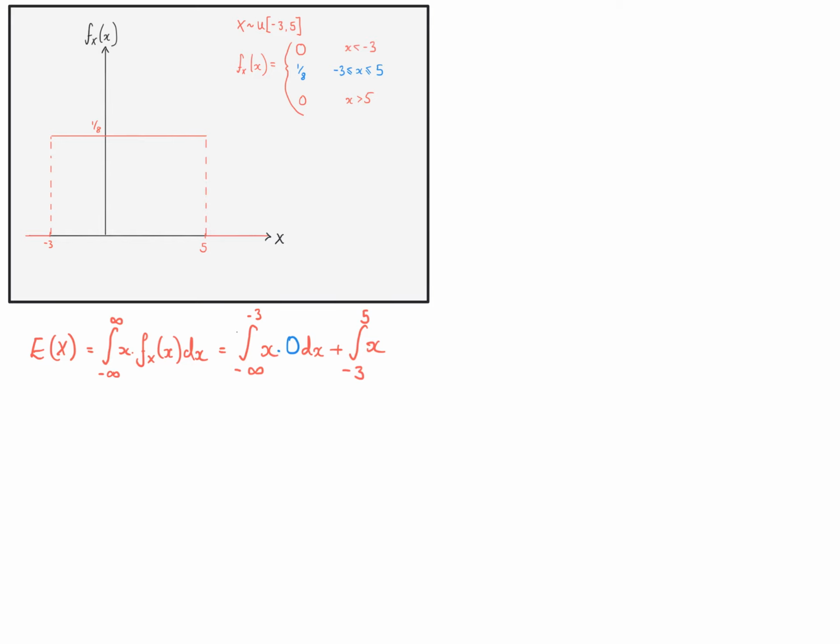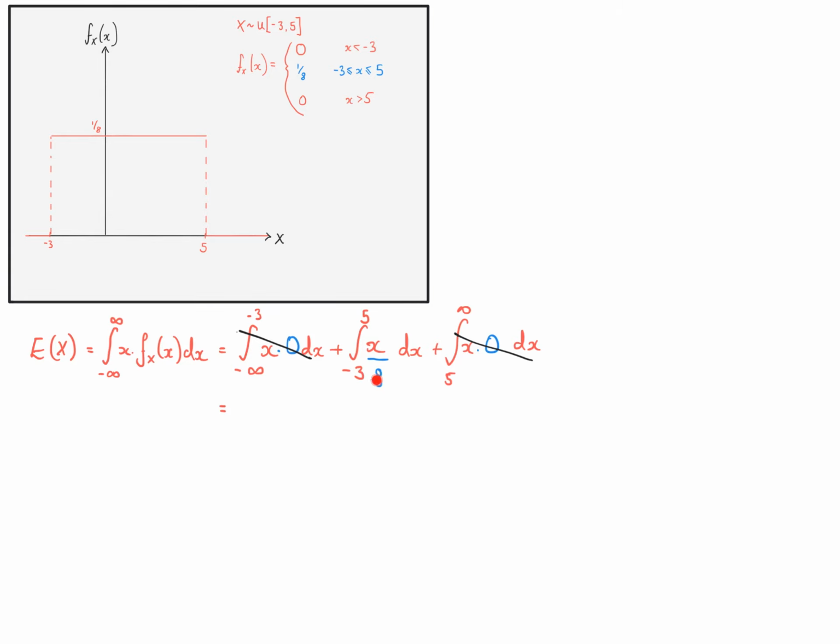So that's going to be x over 8 dx, plus the integral between 5 and infinity of x times 0 dx, and these two parts where we're multiplying the x by 0 are going to vanish because the integral of 0 is just 0. So this is going to be equal to the integral between -3 and 5 of x over 8 dx.